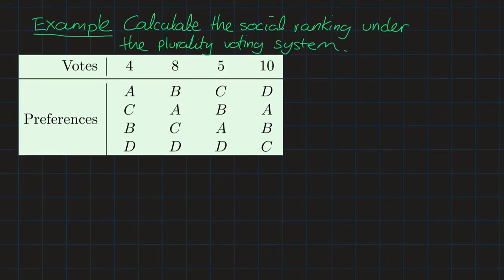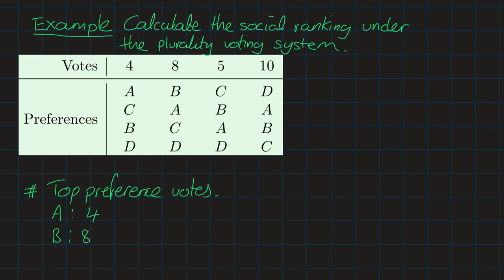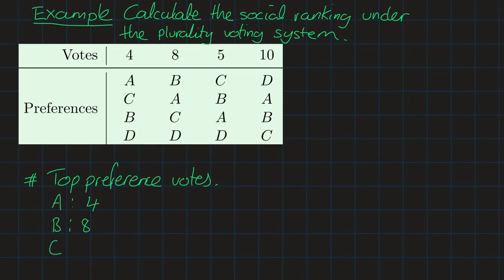So same question, different voting profile. Calculate the social ranking under the plurality voting system. So again, the number of top preference votes. This time it's easy because I don't even need to add any numbers. A got 4, B got 8, C got 5, and D got 10.